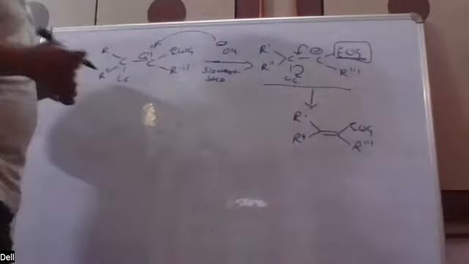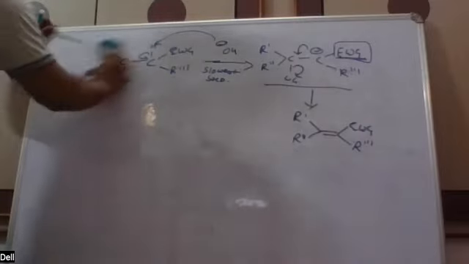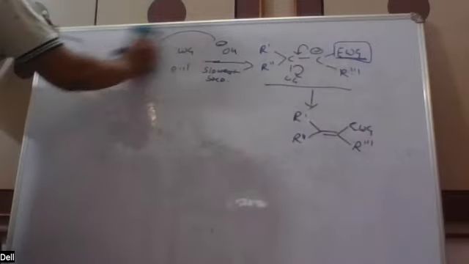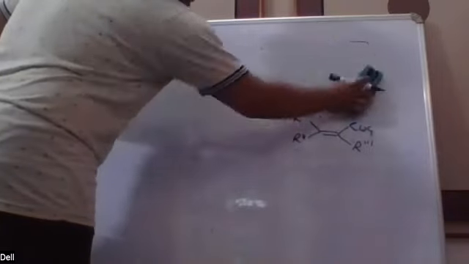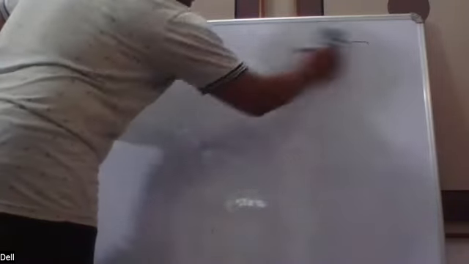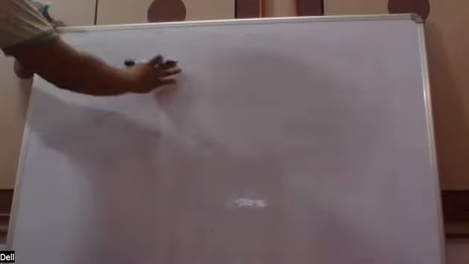Now, the last reaction mechanism that we are having is the rearrangement reaction. Now, in case of rearrangement reactions, we say that the substrate and the products are almost similar, but they differ in structure.